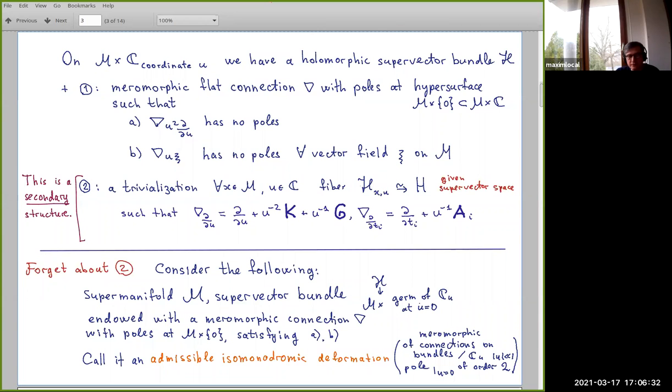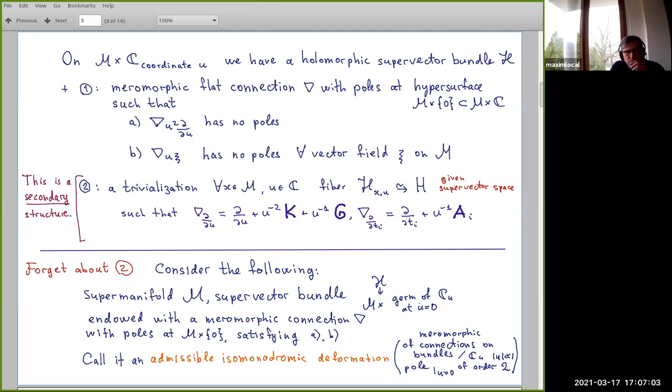And the lift of the vector field d/du has just two terms in the u expansion: u^-2 times some operator which depends on a point M, and u^-1 times an operator g which doesn't depend on the point M, some grading operator. And similarly, if I lift a vector field and introduce some local coordinates, d/dt_i, I get d/dt_i plus u inverse times some matrix valued function A_i.